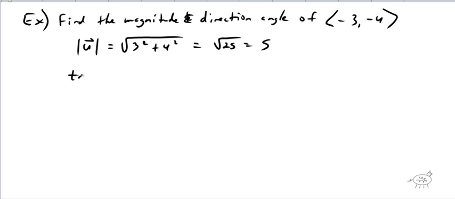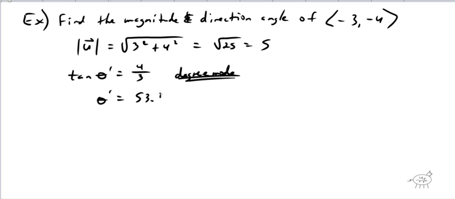And the next part we're going to say, hey, tangent of theta prime is equal to y over x. So positive 4 over positive 3. Again, use positive values. And we do inverse tangent, and we get theta prime. Make sure you're in degree mode, of course. It's very important. Okay, theta prime comes out to be 53.13 degrees. Now, if you put that as an answer, you're going to lose points for that because that is not correct.